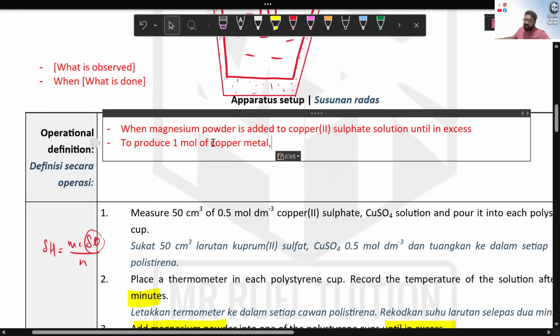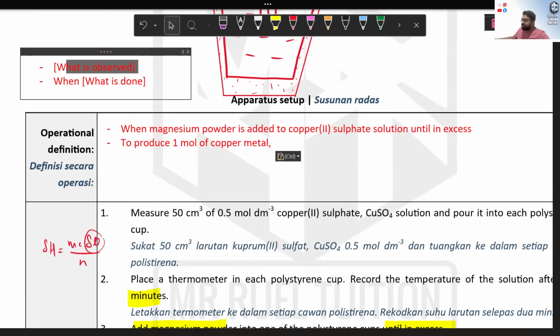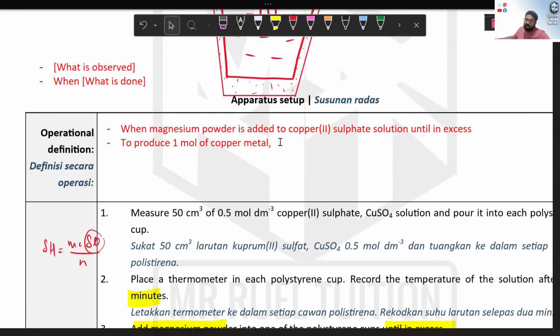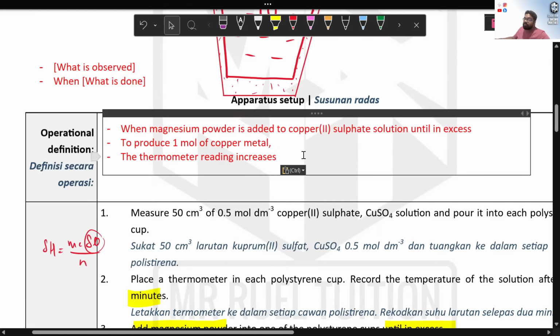Copper is the one that's displaced. Okay, to produce 1 mole of copper metal. So this is what is done. This extra bit, again, I'm basing it off the other examples that we have for the other heats of reaction in the textbook. Okay, to produce 1 mole of copper metal, what is observed? The thermometer reading increases.